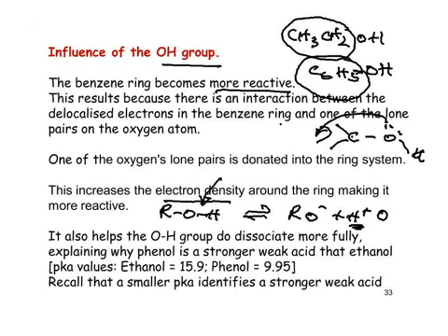We can use what are called pKa values to compare the acid strength. The bigger the Ka, the stronger the weak acid is, but when we turn from Ka to pKa, which is the negative log of the Ka, it's the other way around. A smaller pKa value indicates a stronger weak acid, and phenol has a smaller pKa value than ethanol, and that indicates to us as chemists that it is a stronger weak acid.